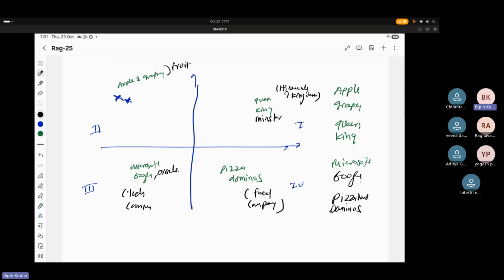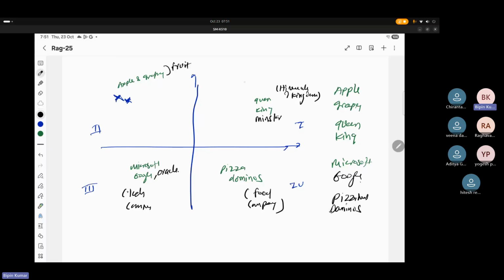The embedding will be similar. Okay. And since it has 1536 dimensions, it will be difficult to plot. But I just want to give some intuition how it looks, so I've just taken the example of 2D.